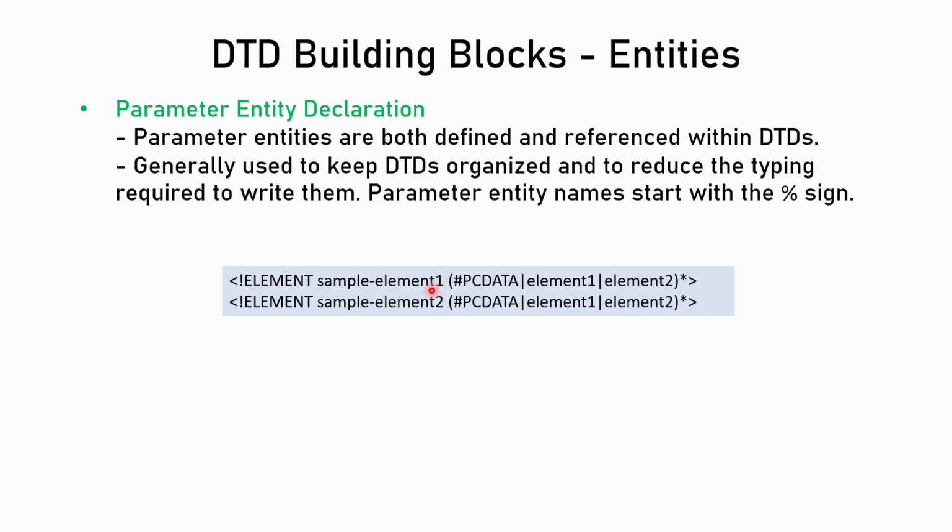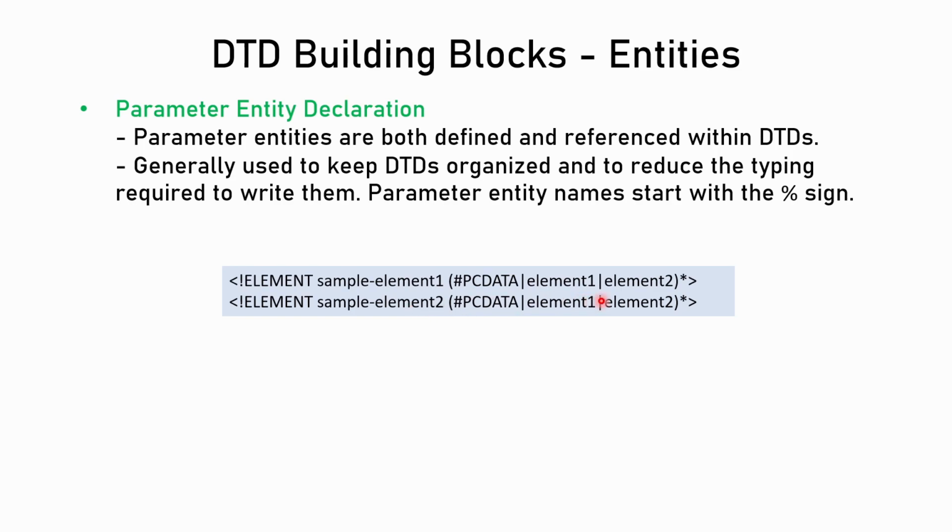Okay, so now imagine that we will have multiple elements like this, which will have the same mixed category as this. So you can already imagine that having to write this mixed category over and over again for each of the elements can get quite troublesome, and our DTD file will look quite complicated, right?